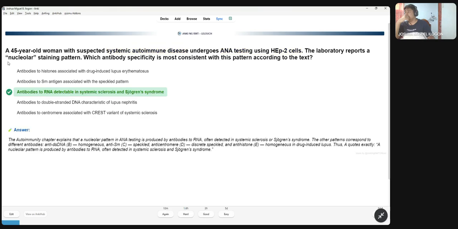Alright, RNA detectable, systemic sclerosis. The nucleolar pattern. Epstein-Barr virus. Okay.